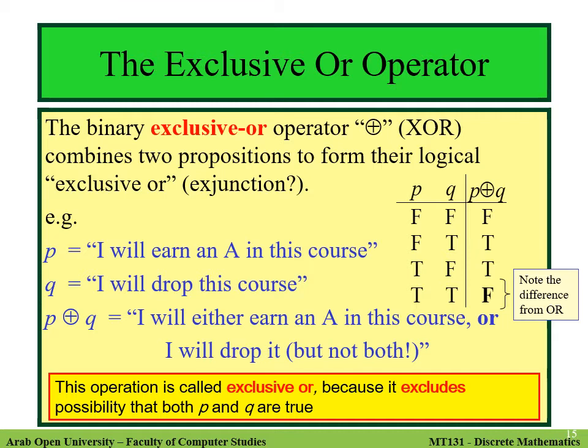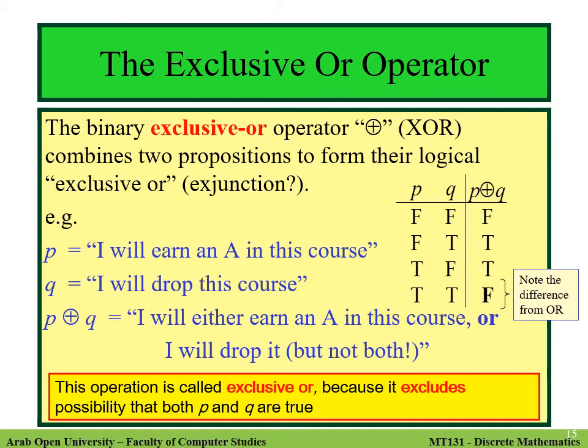If both are false, then P XOR Q is false. If both are true, the statement will also be false. You're saying either one of them but not both. This statement is true only if one is false and the other one is true.